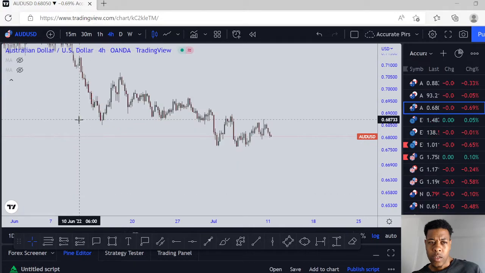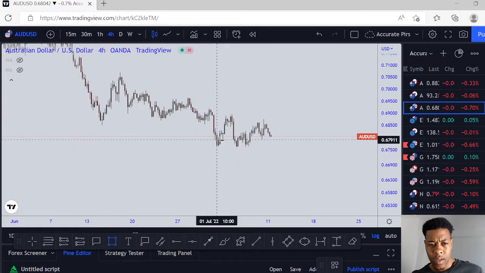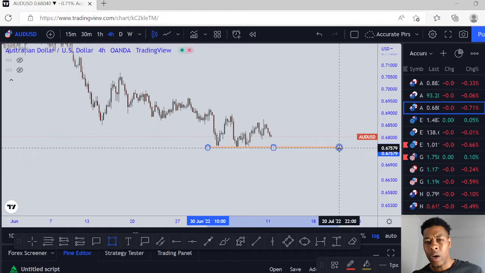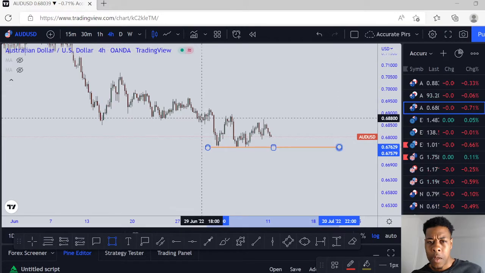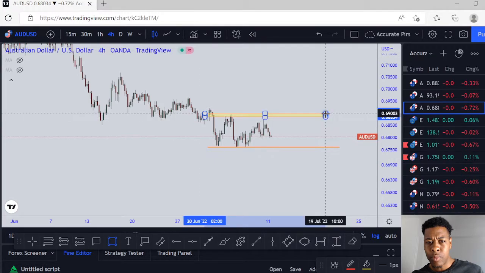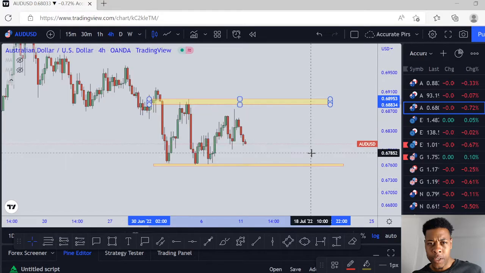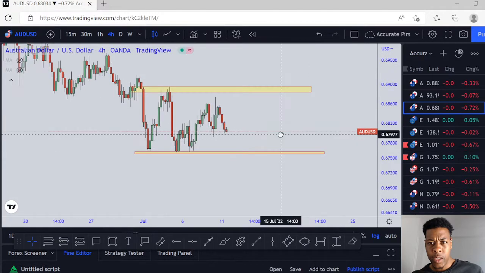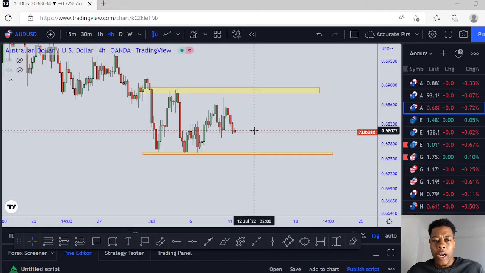We're just going to highlight a new support level and resistance level. I was looking at it on the daily time frame, and price on the daily time frame has broken that daily resistance level. So with AUD USD, that is our new support and resistance level going into this week.